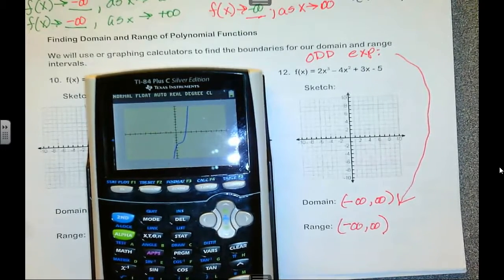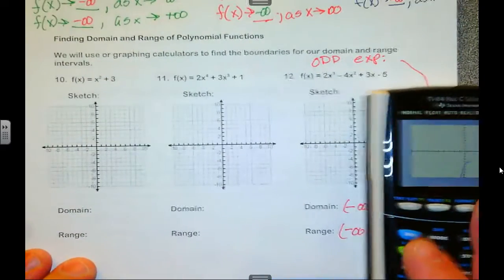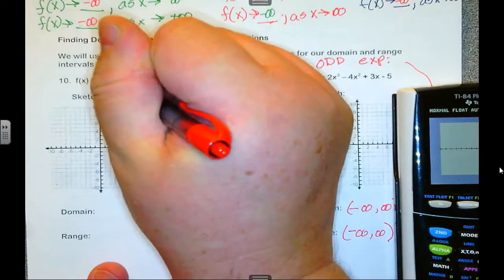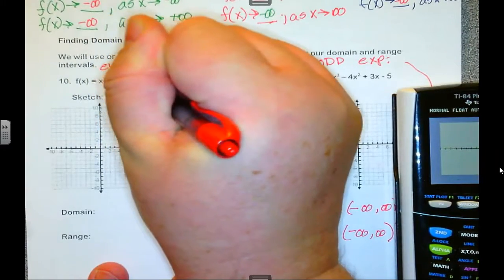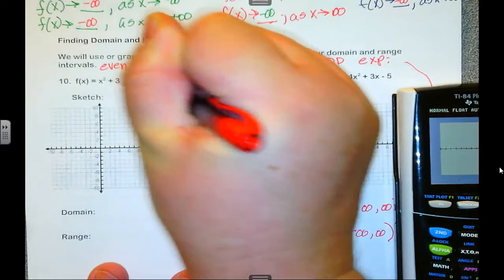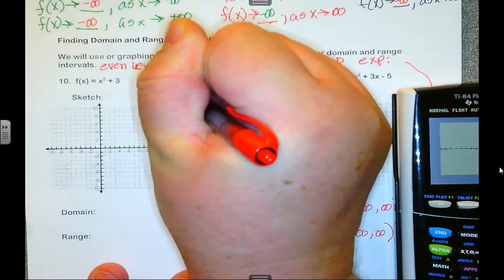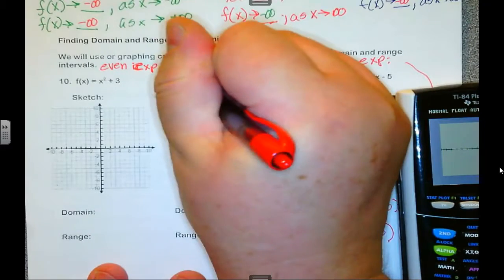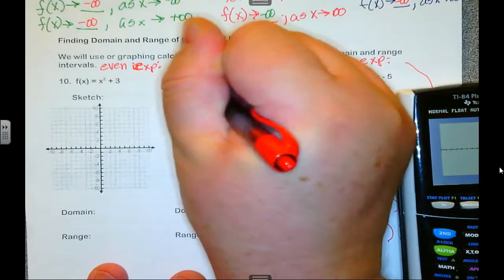The hard ones come when we have even integers. Even integers, you have to put in your calculators. Even exponents, integer exponents, you have to use your calculator.